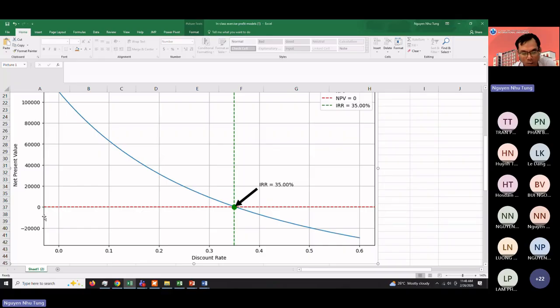So negative is not good. You can reject this project because the internal rate of return of this project is lower than the minimum rate of return set by your company.